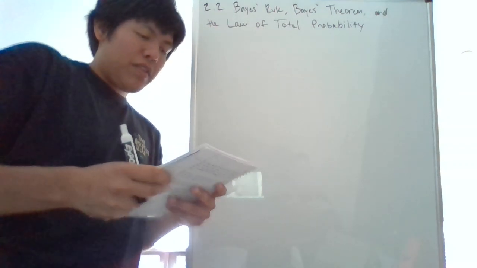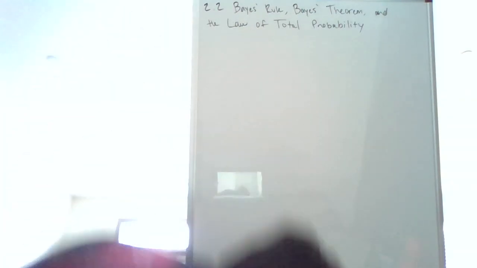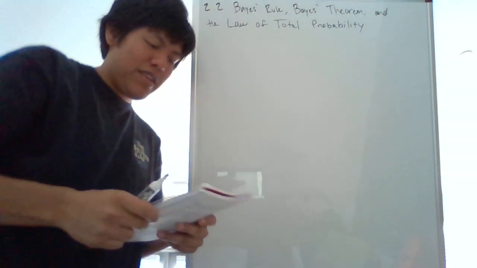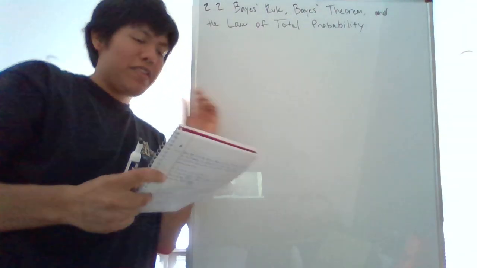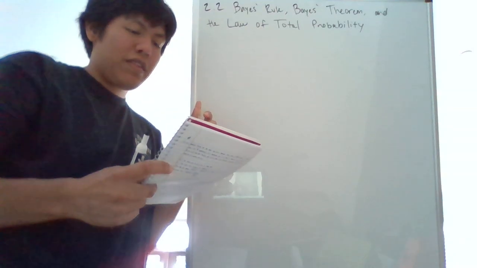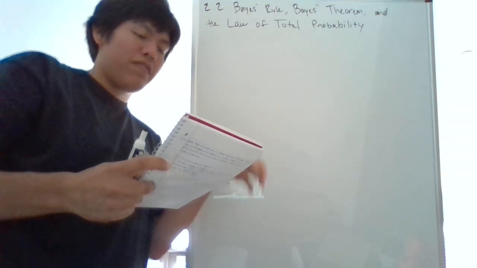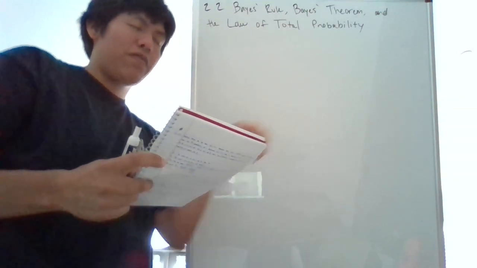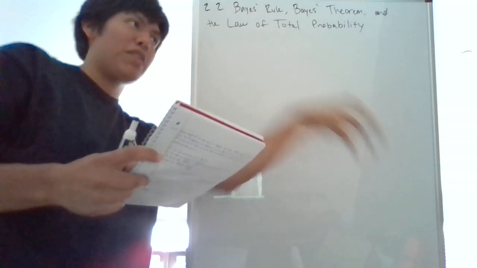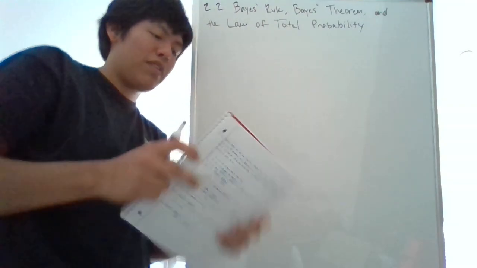So in the previous example, we had that event A was the event of moving one ball from urn 1 to urn 2, and then event B is us picking up that ball.